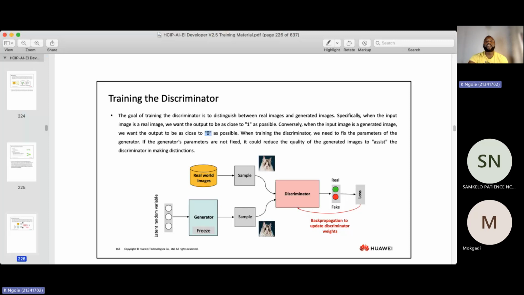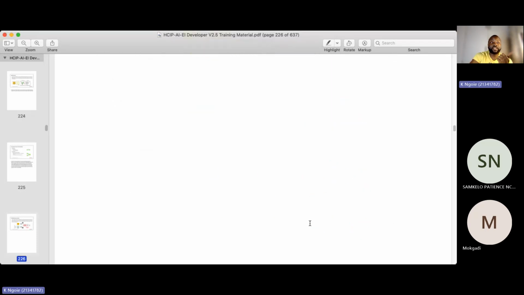Then the discriminator needs a loss function. The discriminator's goal is to maximize accuracy, so it wants to correctly classify real as 1 and fake as 0. The loss function is usually the binary cross entropy function.